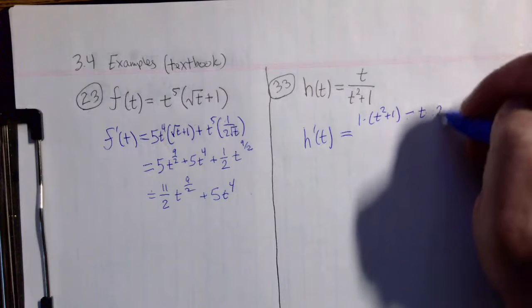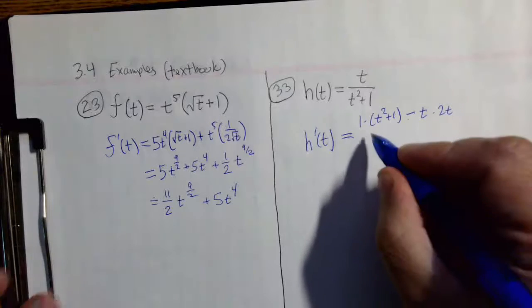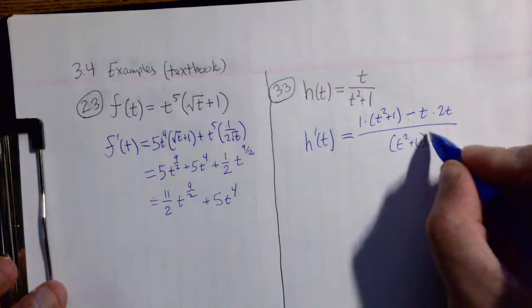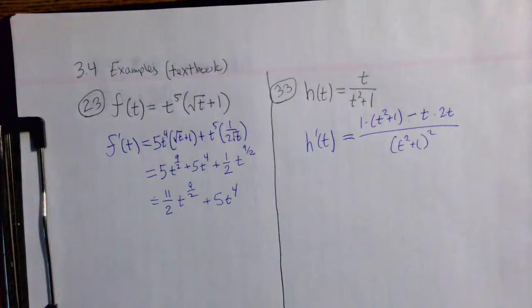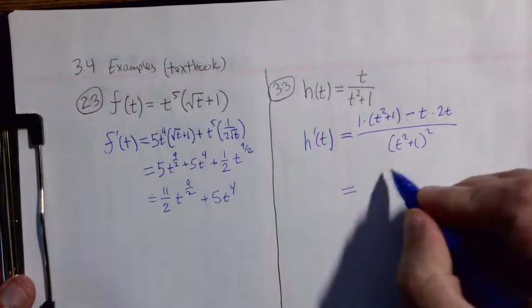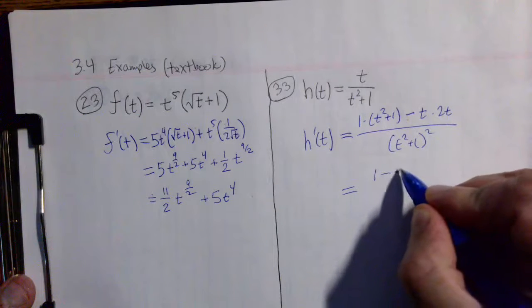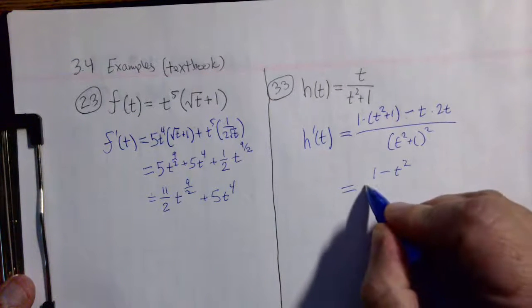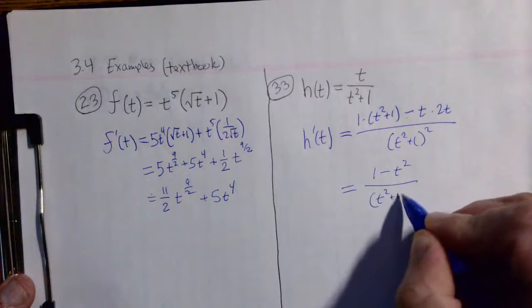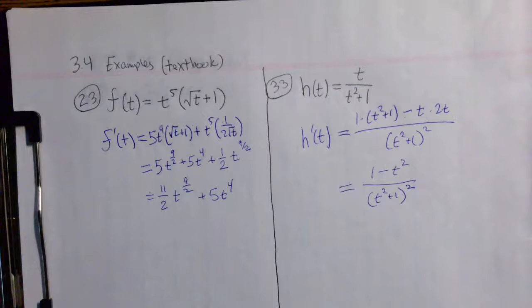Numerator times the derivative of the denominator, and then all that over the denominator squared. Okay, again, at this point we have taken the derivative, but if we were to simplify this, we'd get 1 minus t squared over t squared plus 1 squared.